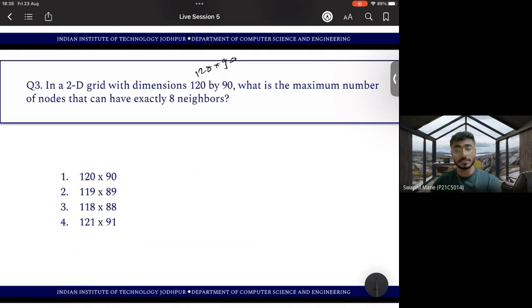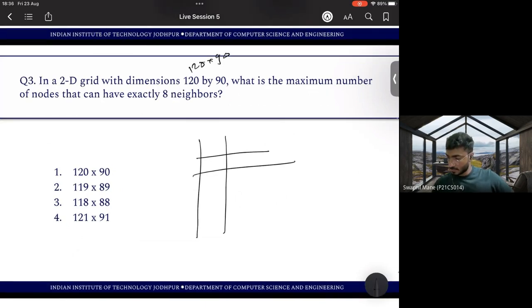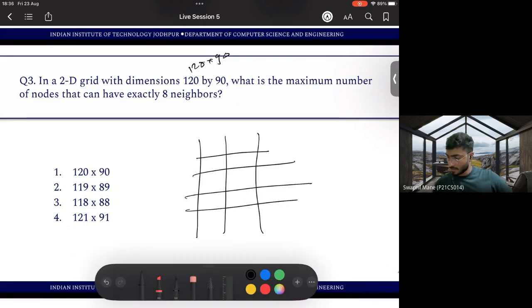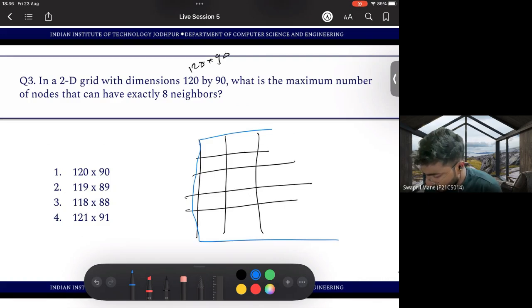As already discussed, the boundary nodes do not satisfy having eight neighbors. Let's take one example, the boundary case. We are drawing the boundary here. Suppose we are evaluating this cell, which is one node.